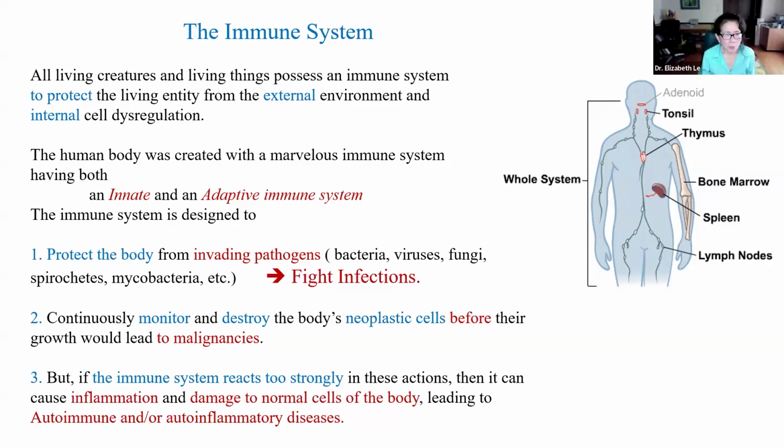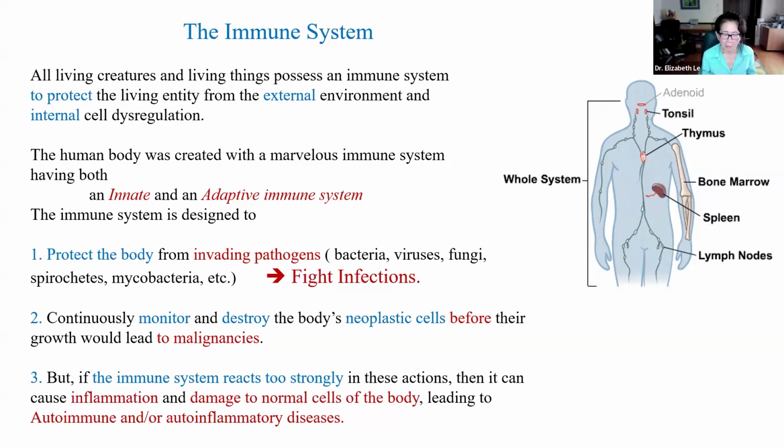So the immune system in the human body is designed to protect the body from invading pathogens, which basically is to fight infections against bacteria, viruses, fungi, spirochetes, mycobacteria, and more. Secondly, the immune system is designed to continuously monitor and destroy the body's neoplastic cells before their growth would lead to malignancies.